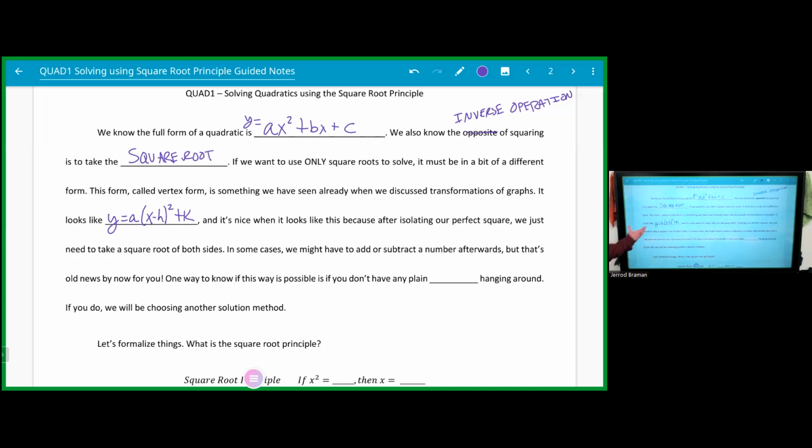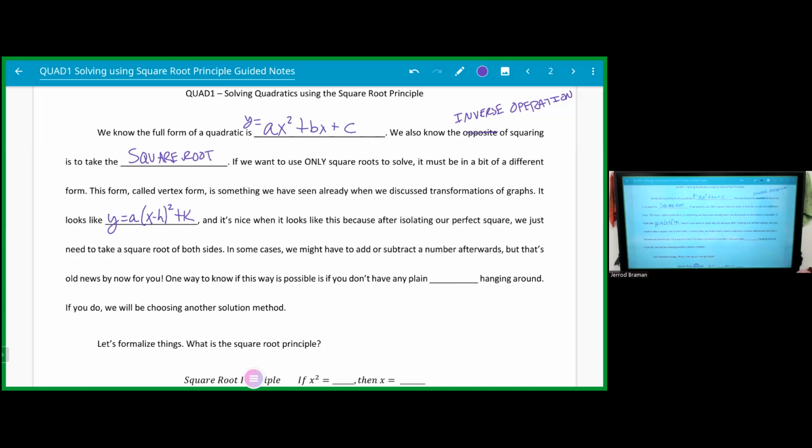It looks really nice to do that because all we're trying to do is isolate a perfect square and then solve. So in some cases, after we've taken the square root and simplified the square roots, we've talked about that already, you might have to add or subtract a value to solve, but you know how to do that. You've done that a million times up to this point in your math career.